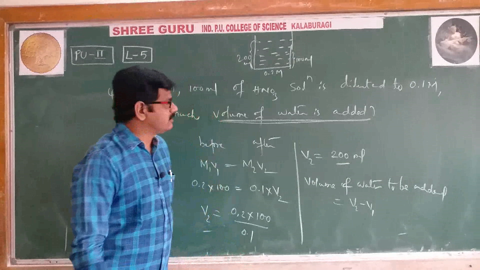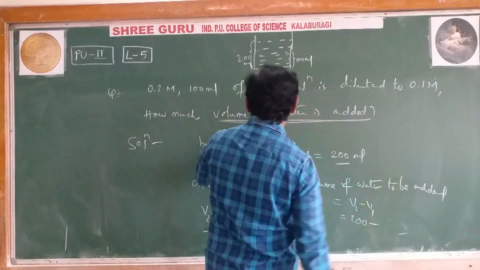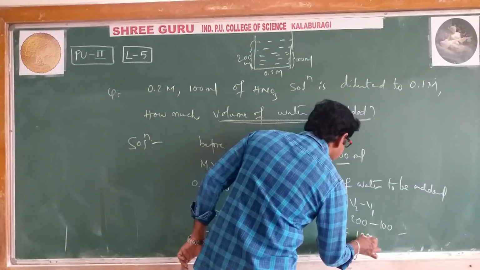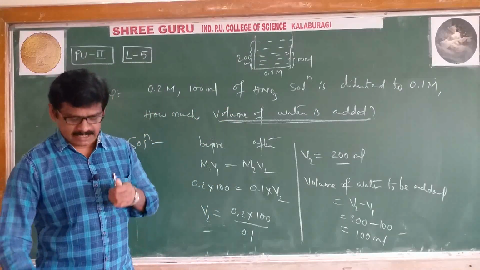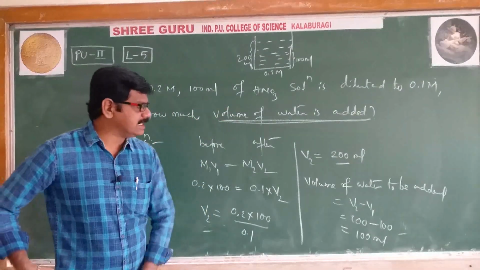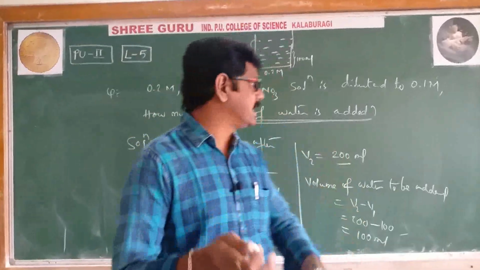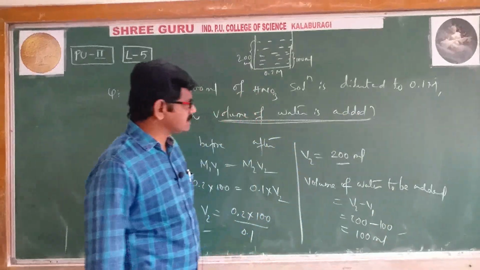That's it. V2 is the final volume 200 minus the initial volume 100, that is nothing but 100 milliliters. So 100 milliliters of water has been added to get this concentration. Okay, right. This is the question.